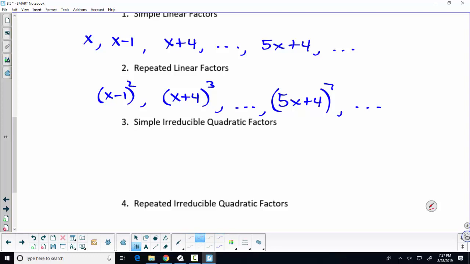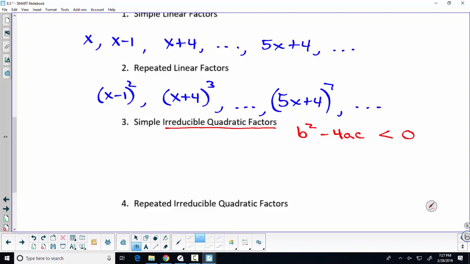If you're ever in doubt, just check the b squared minus 4ac part. The b squared minus 4ac of a quadratic was the discriminant, and that told us the number and types of solutions.